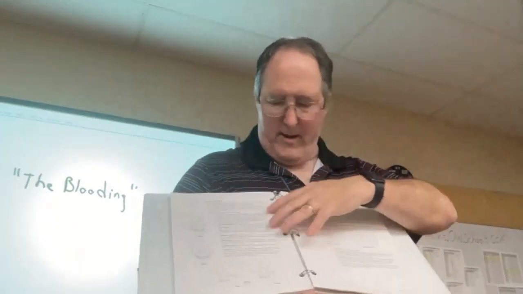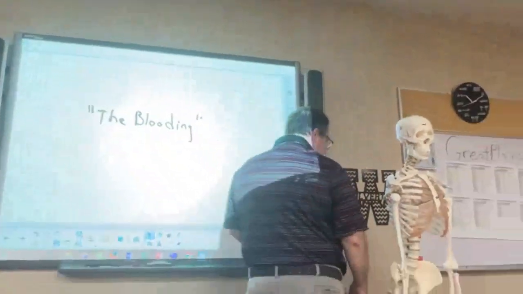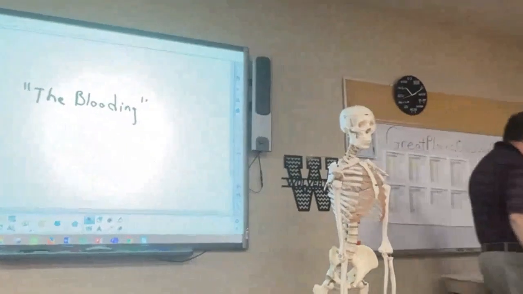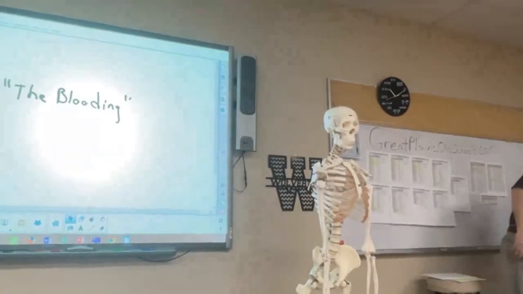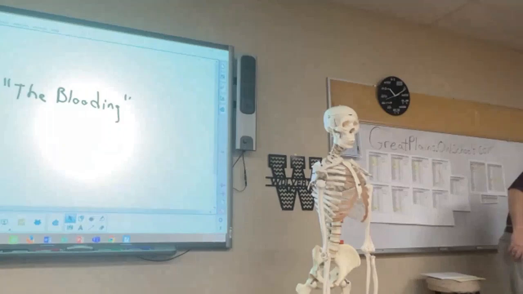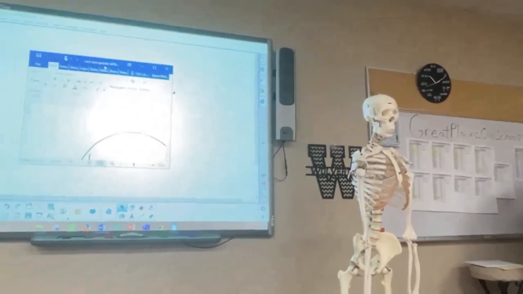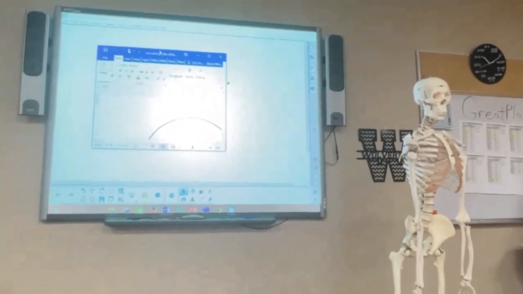If you flip over here, this is page 54 and on. This is where you get into how you identify the bones. These are bigger pictures.